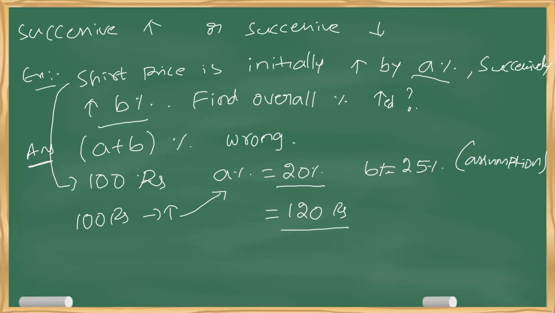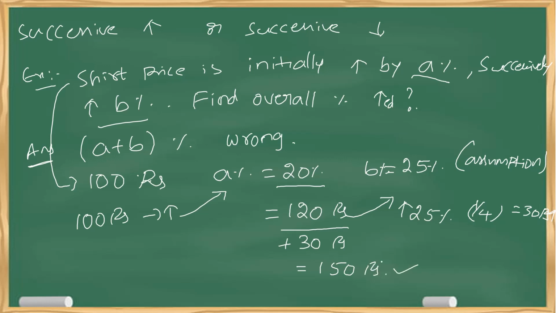So it is 120 rupees. Now on this again you are increased 25%. What is 25%? That is 1 by 4th of 120 is 30 rupees. So 30 rupees is again increased means it becomes how much? 150 rupees. Are you able to understand?